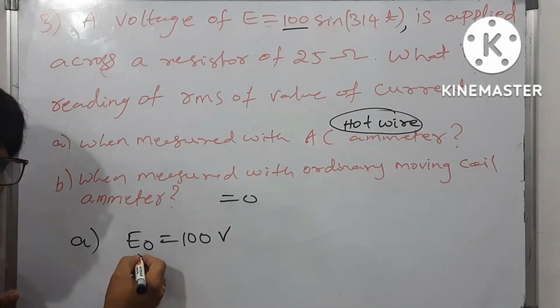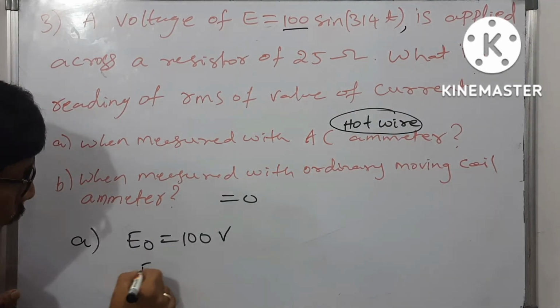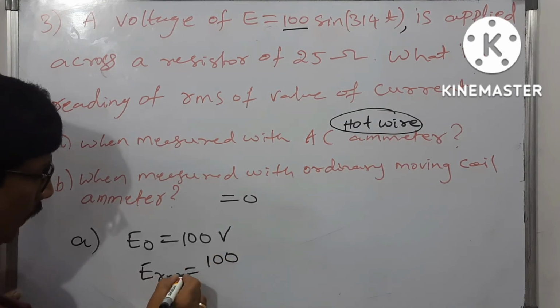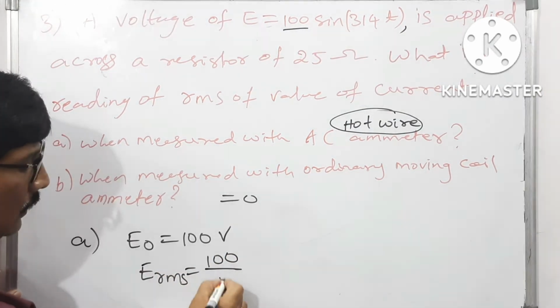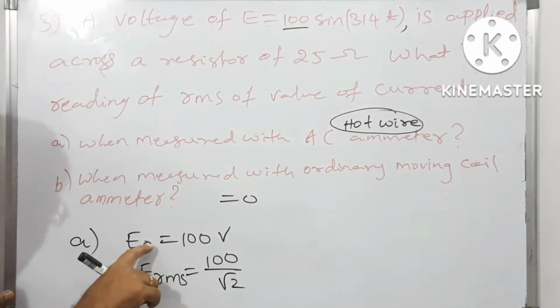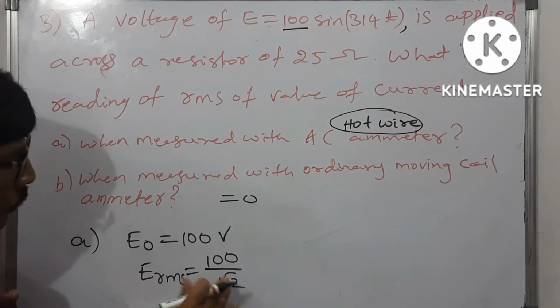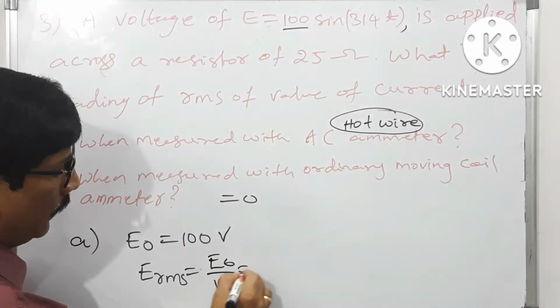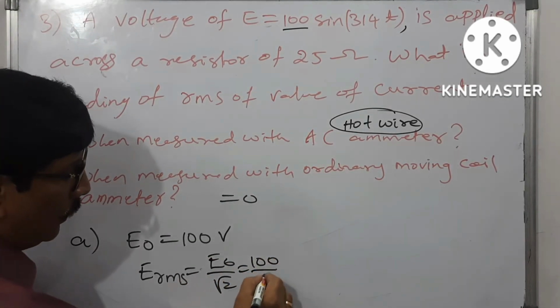So to find the RMS current, first you should know the RMS value of the EMF, which is the peak value divided by root 2. You know the formula, E naught by root 2. E naught is 100, so 100 divided by root 2.